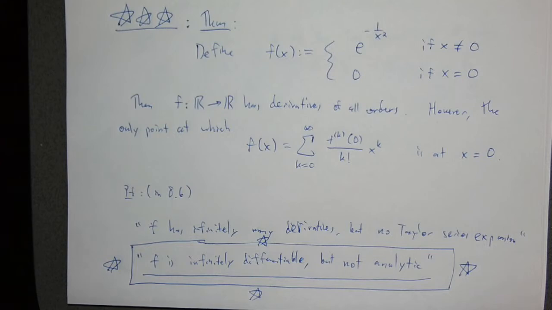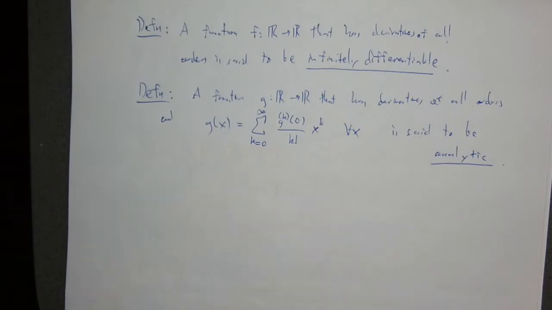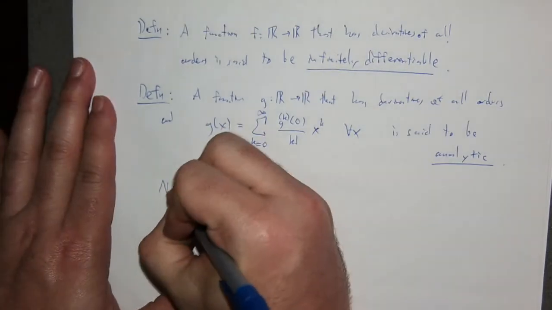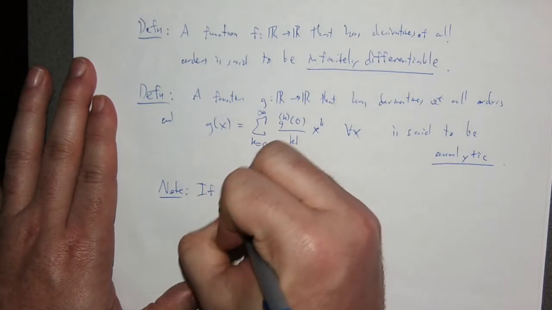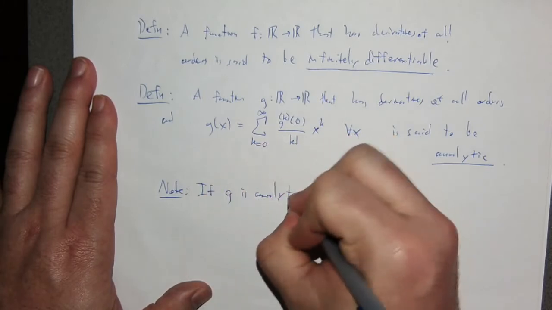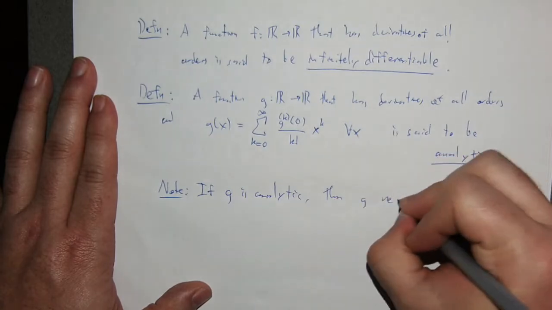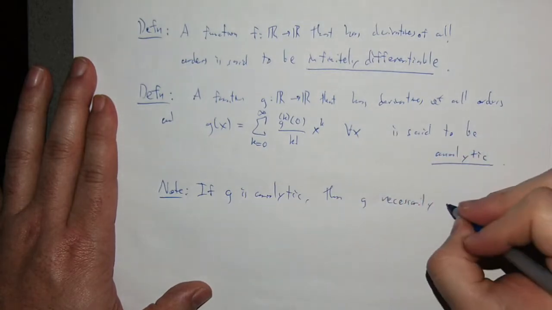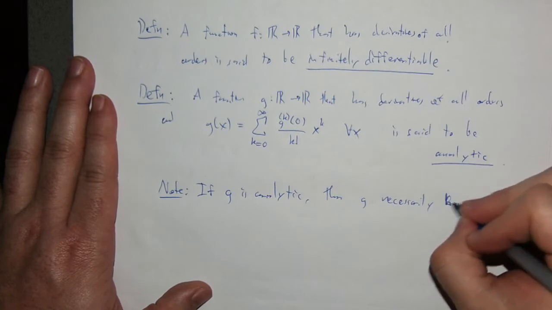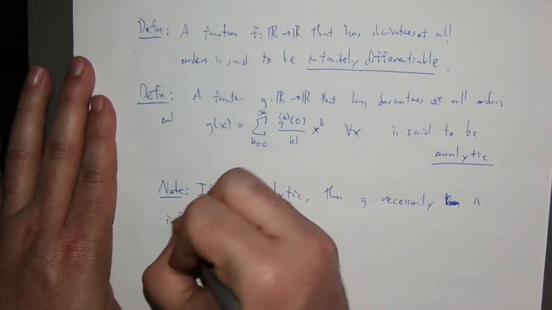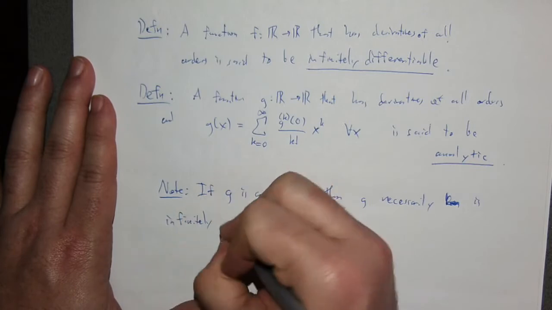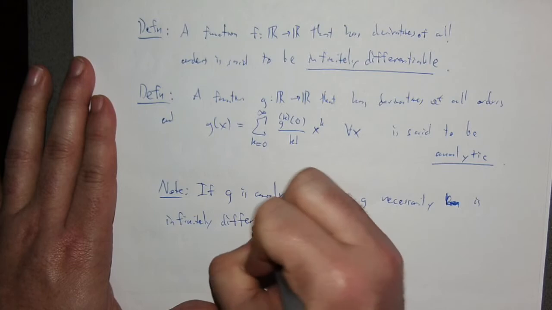Now, the converse of this is actually a theorem. Note, if g is analytic, then g necessarily is infinitely differentiable. You can just differentiate its power series term by term.